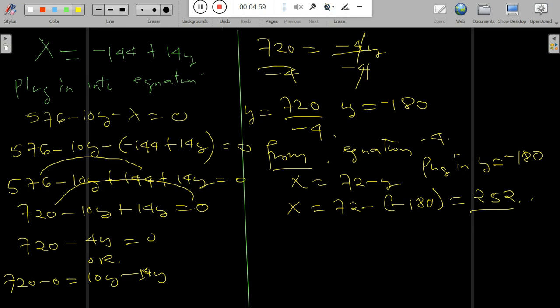Now after obtaining the value of x, let's solve for the value of lambda. Let us take the values of x and y into the 6th equation so we can obtain the value of lambda.